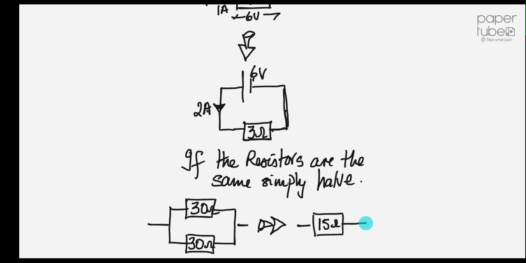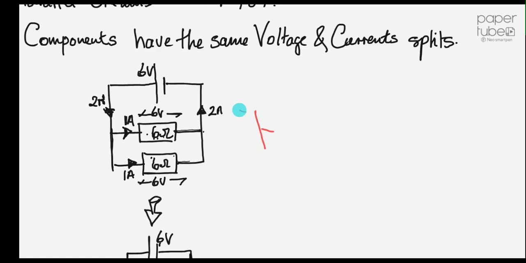Now, we could draw this rule out and I could show you, but I don't think it's worth the time. But I'm going to turn the page on its side, and the reason I'm turning it on its side is so that you can see this. So 1 over R total is equal to 1 over R1 plus 1 over R2.